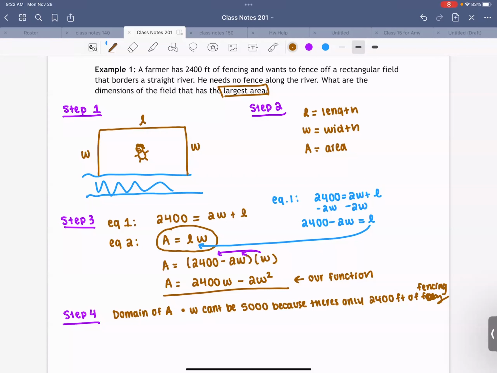Can W be 2,400 then? No, because there are 2 W's. If W was 2,400, we would have enough for this side of W, but we need another side of W. So what do you think the biggest W can be?